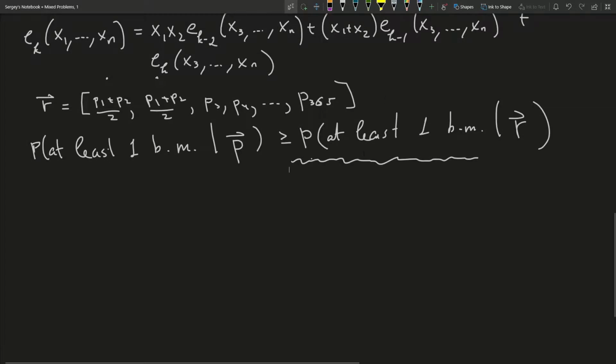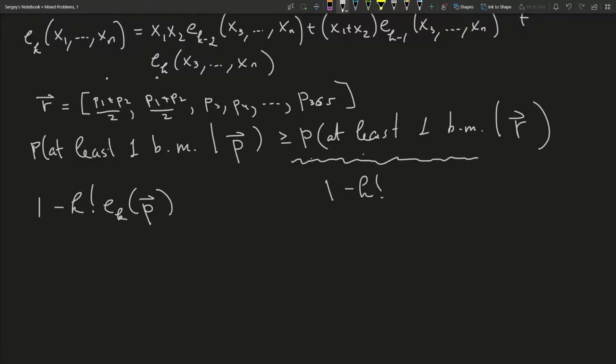Well, let's rewrite these expressions. In part A, we said that the probability of at least one birthday match is 1 minus k factorial times the kth elementary symmetric polynomial in p, and the right side is 1 minus k factorial times the kth elementary symmetric polynomial in r.